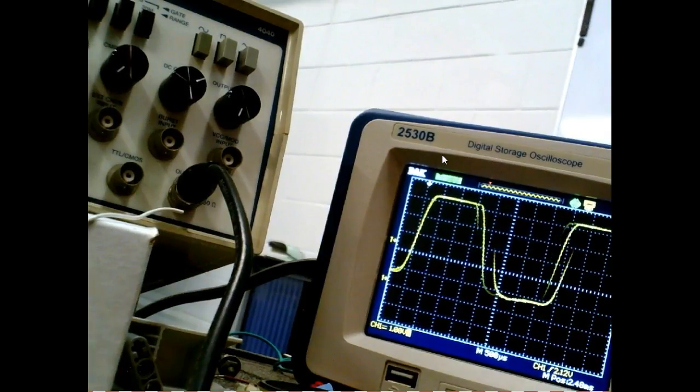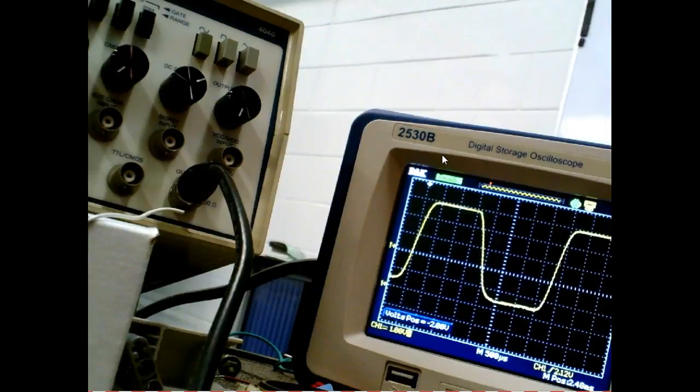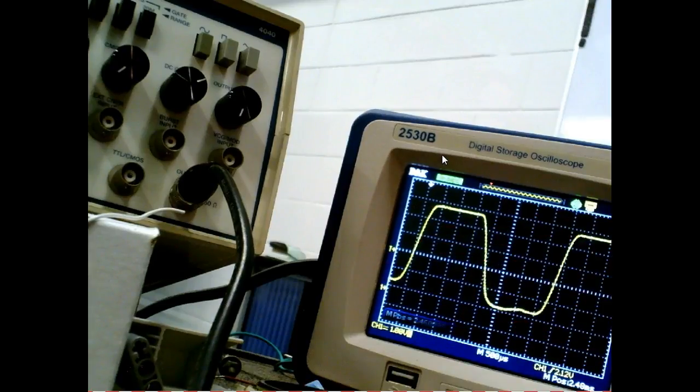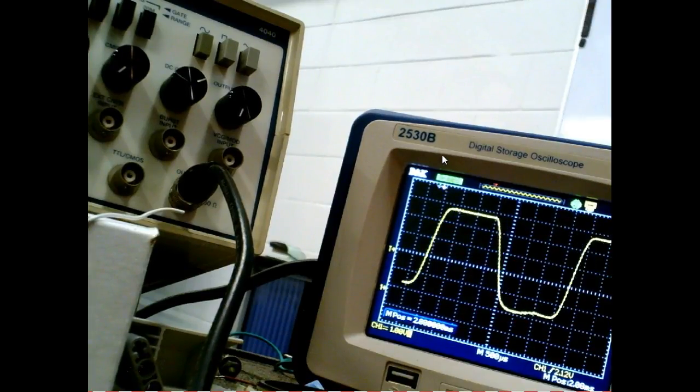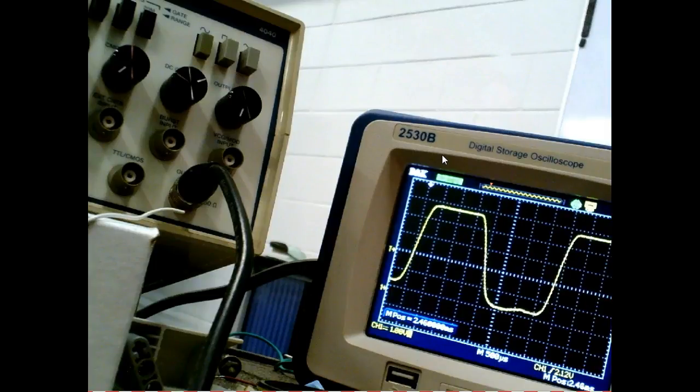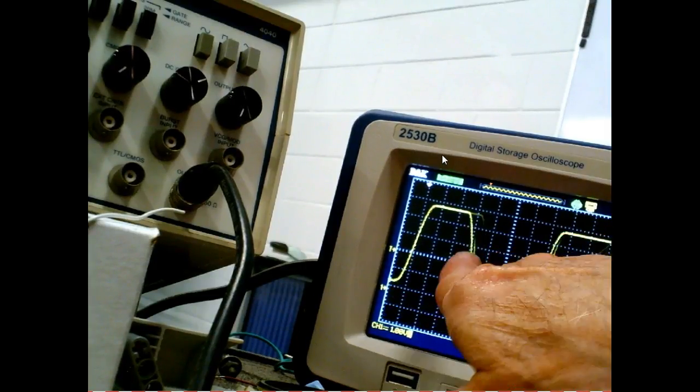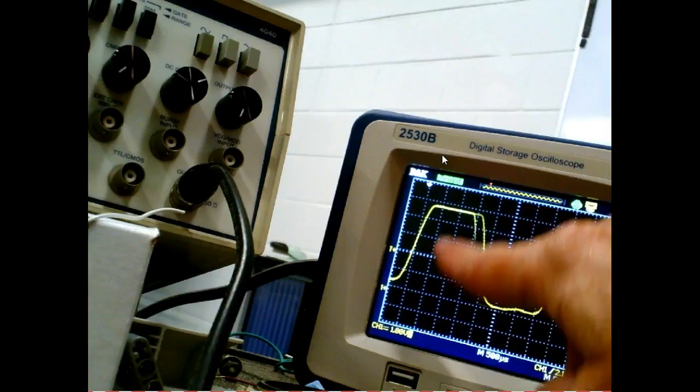So we'll move this down here so we can see it better. And then I got a cross right here. So normally what we do is we have the ability to adjust the position. And what we want to do is measure time. So time is this way, and voltage is this way.